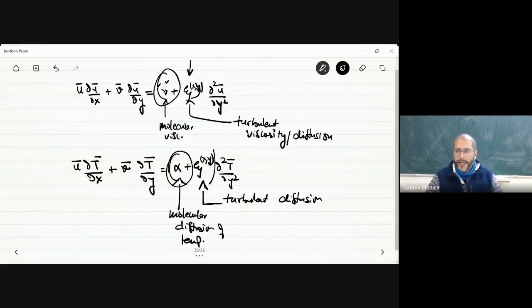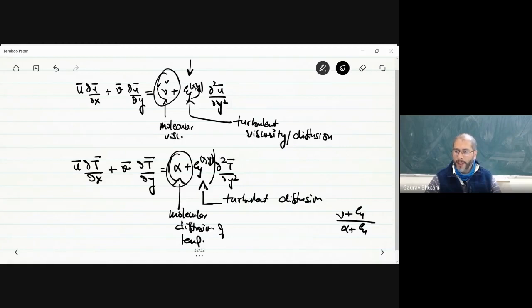So what we see is that we have nu plus xi in the numerator, and alpha plus xi in the denominator, and remember this xi is the same, because the mechanism of the diffusion is the same whether it's momentum or energy, because the diffusion is happening because of the molecule jumping. So that jumping of the molecules is causing a mixing of momentum as well as energy. So this coefficient xi is the same in both numerator and denominator.